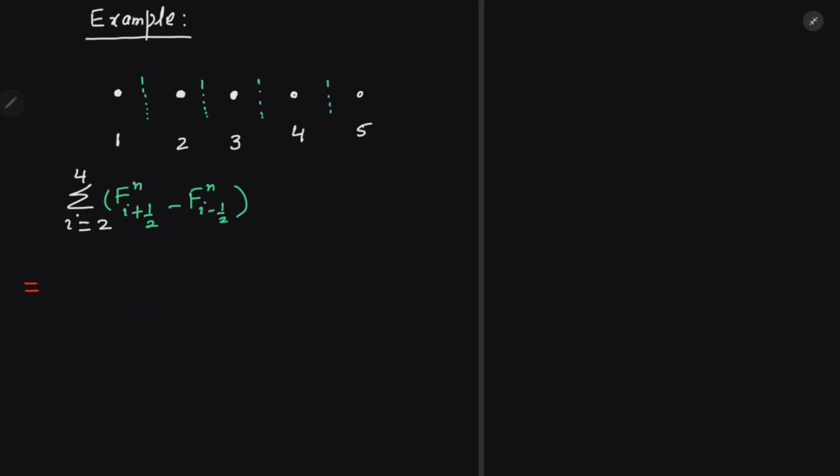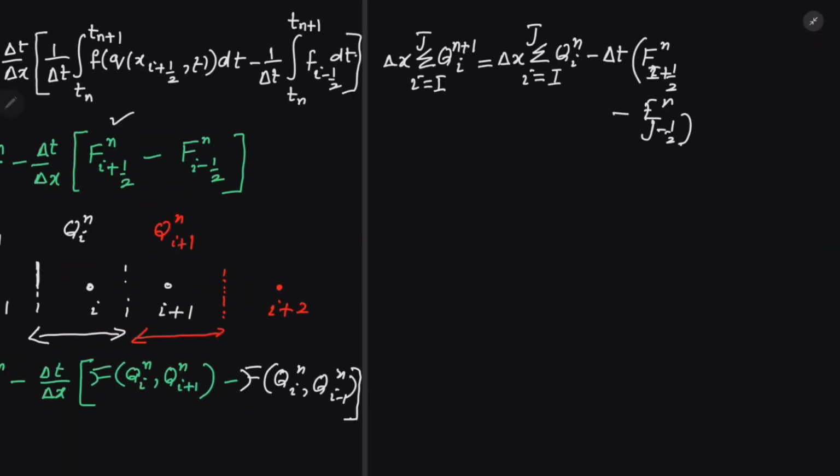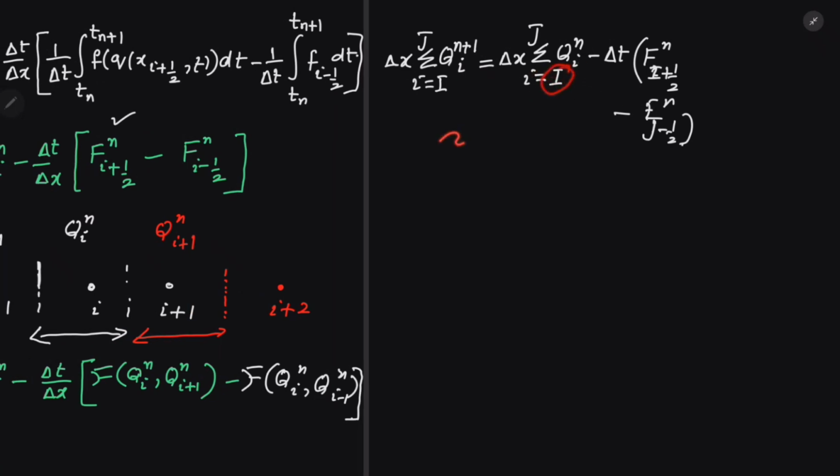Remember that in this theory, capital I is the first cell number and J is where the cells end.